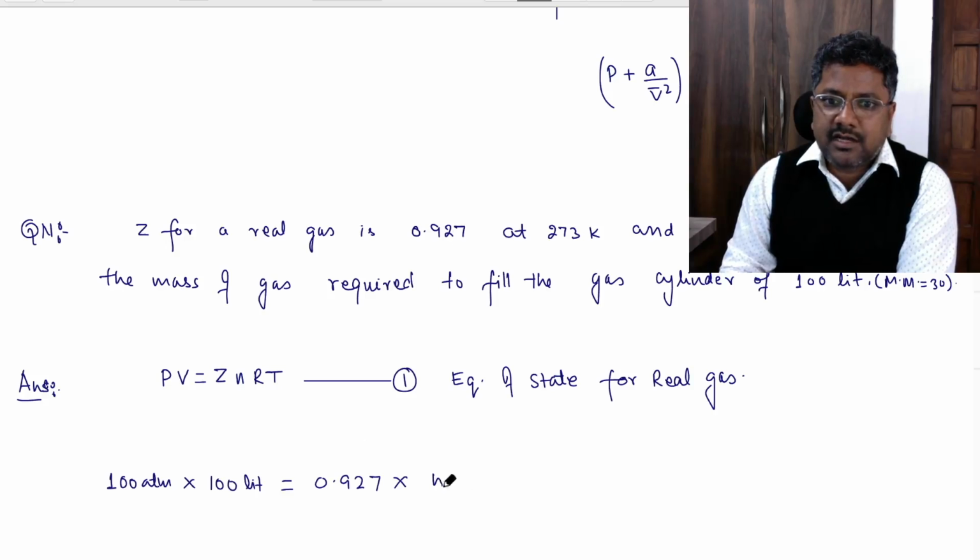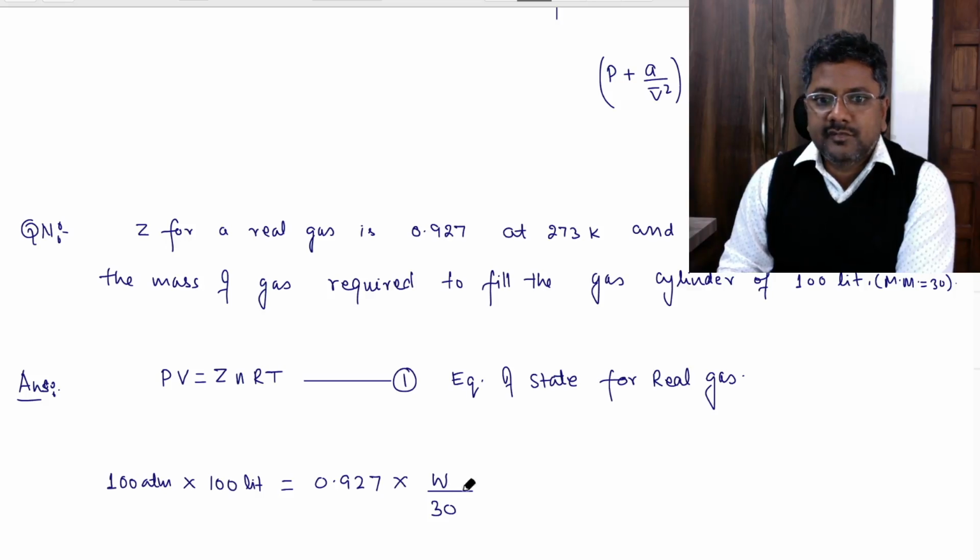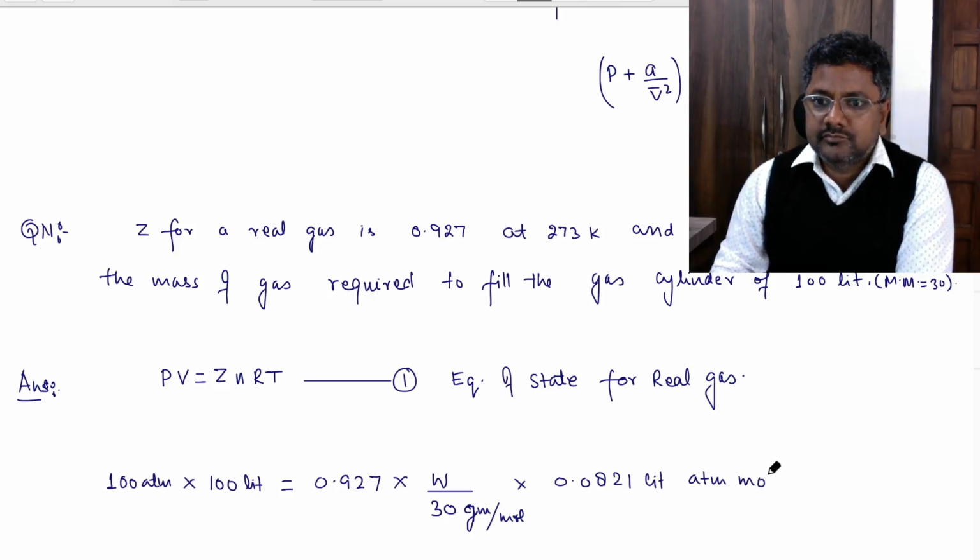You can replace the moles by the mass of the gas required divided by 30 grams per mole, multiplied by R, 0.0821 liter atm per mole per degree Kelvin, and into the temperature 273 Kelvin.